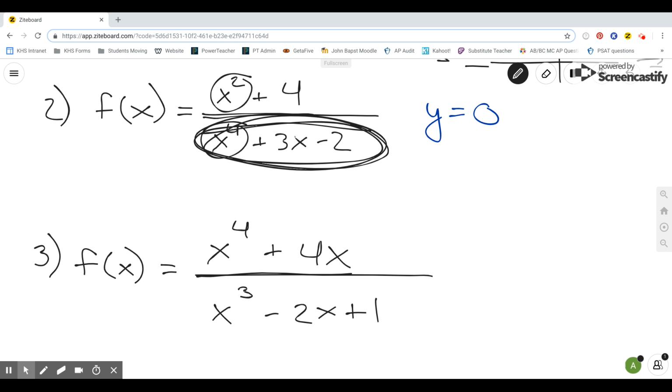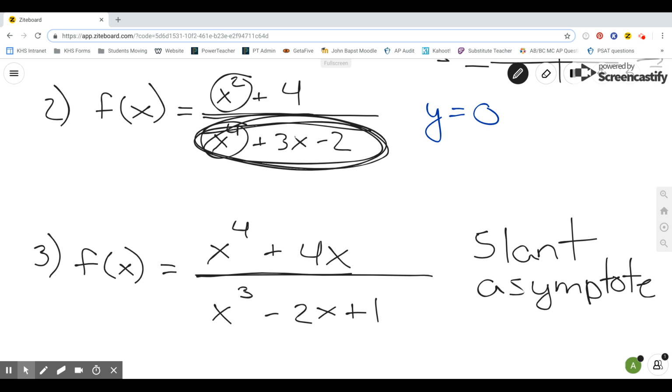And it's going to go off to infinity or negative infinity, depending on your coefficients out front, and if you're talking about x going to infinity or x going to negative infinity. So for right now, we are just going to state that it is a slant asymptote. It's actually going to follow some basic parent function, and we'll talk about how to find that in another video.